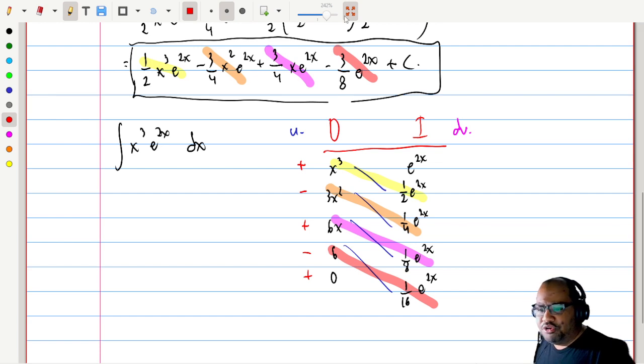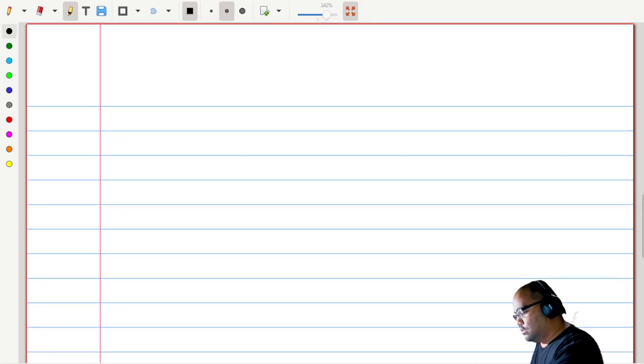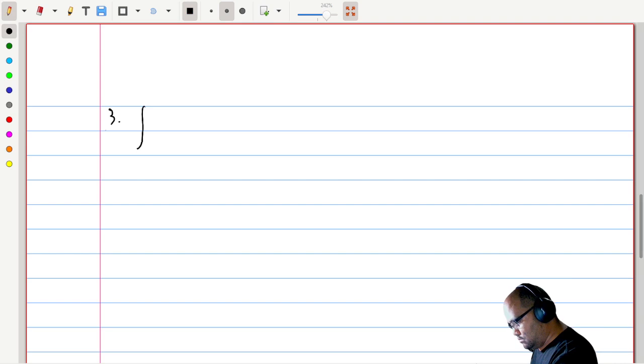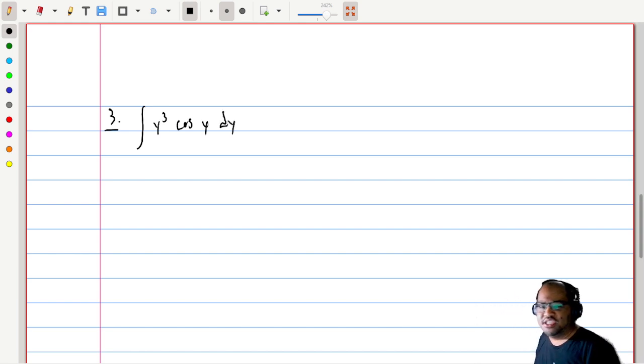All right, let's show one where you have to be a little careful with your signage. And this one we'll just do with the table method just to speed it up. The integral of y cubed cosine y dy.